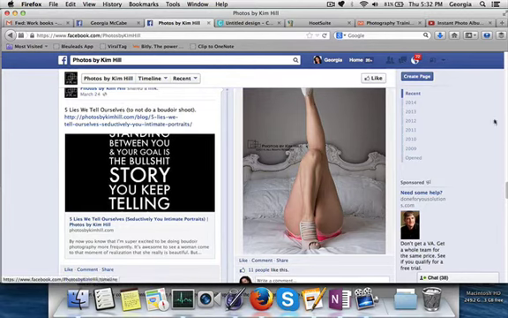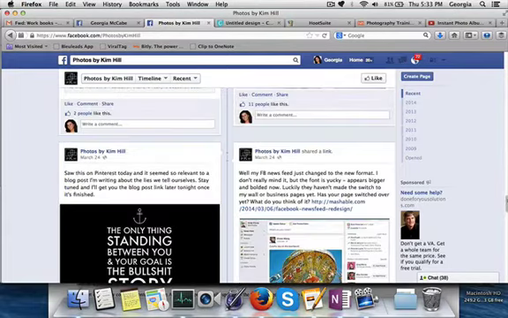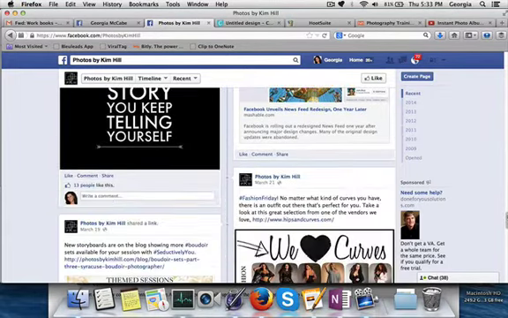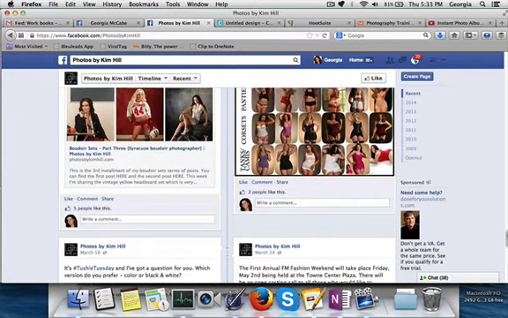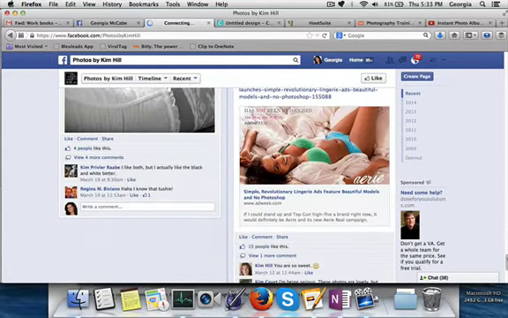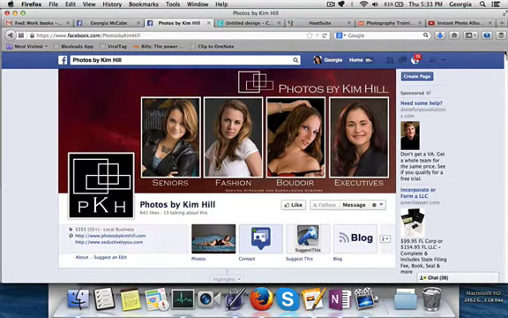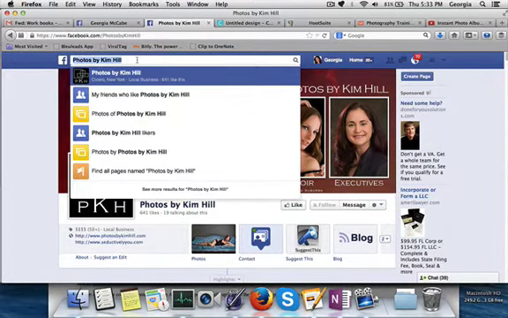She has a little quote in there. She posts images of stuff that is inspiring. There's another quote that she used. And she really, really does a great, great job of using various techniques that I'm actually going to show you here in a second. So go ahead and give people behind the scenes look at what you're doing.